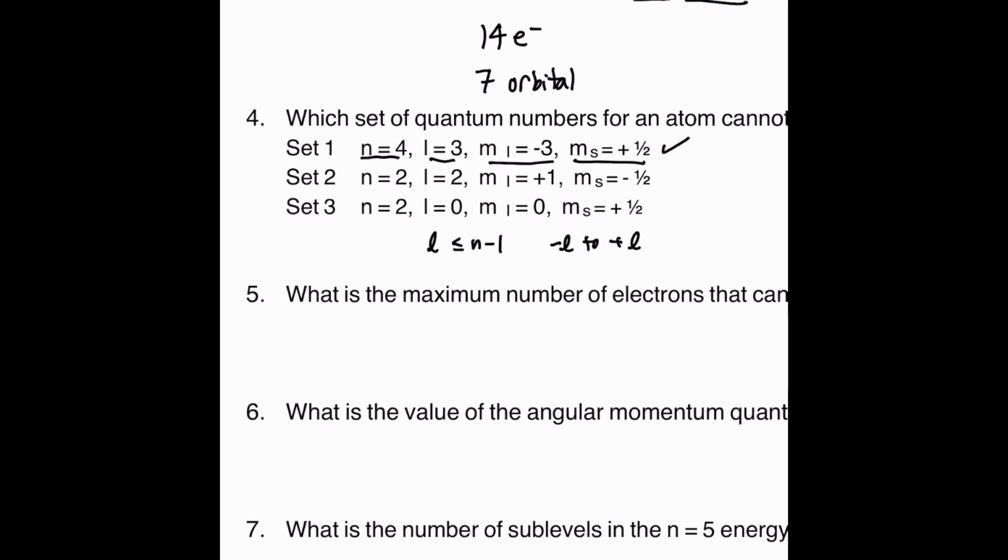Next one. n equals 2, yes, that's valid because it's a valid energy level. l equals 2 is not valid, because l has to be less than or equal to n minus 1, so it would have to be 1. That is why this one is incorrect. And then set 3. n equals 2, absolutely valid. l equals 0, yes, because it is less than or equal to n minus 1.